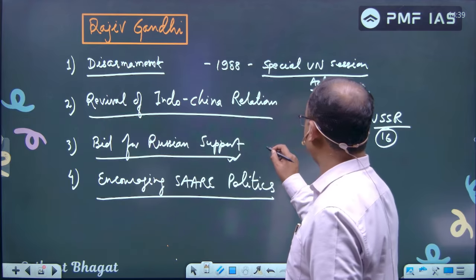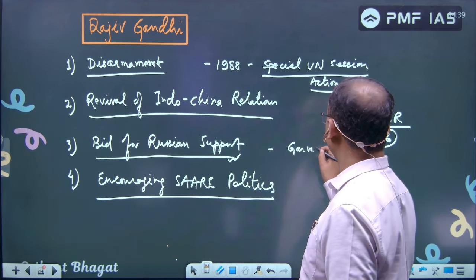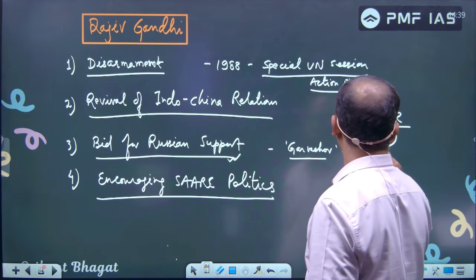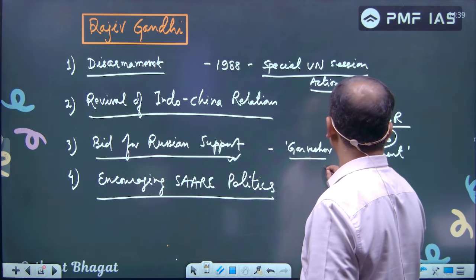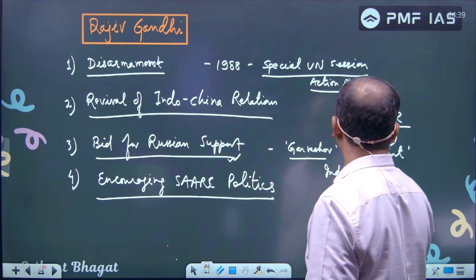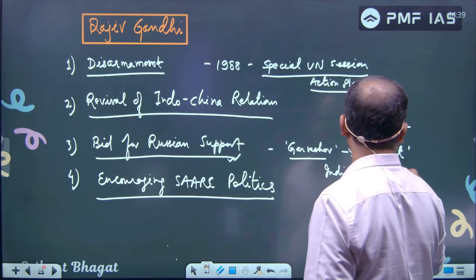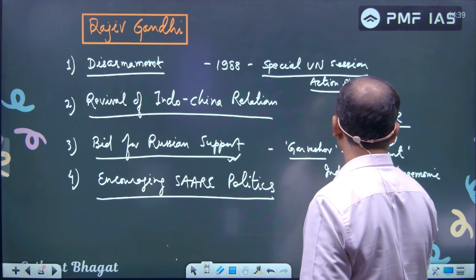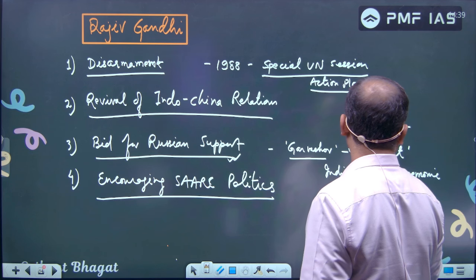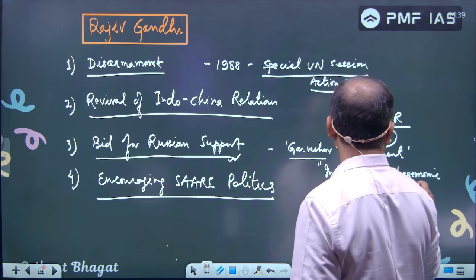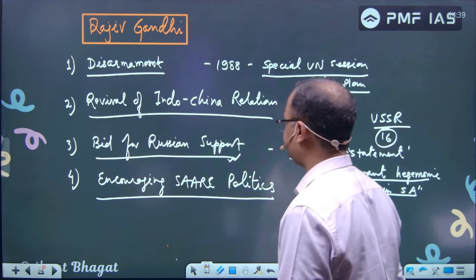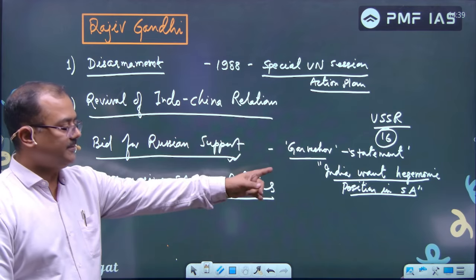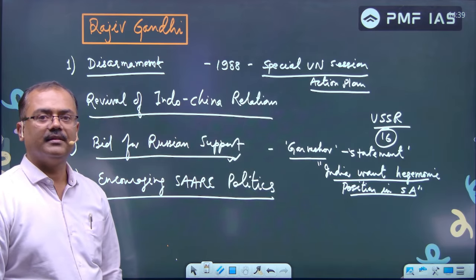So Gorbachev's statement that India wants a hegemonic position in South Asia, India wants a hegemonic position in South Asia, spoiled the sport.